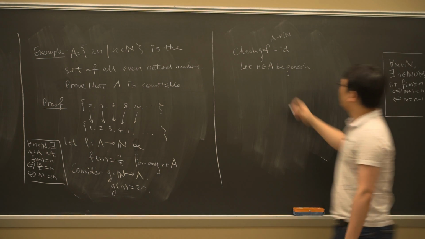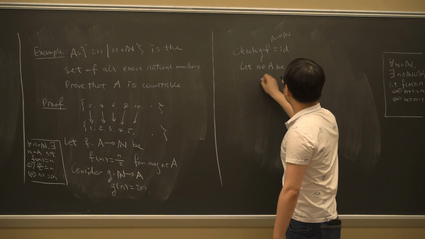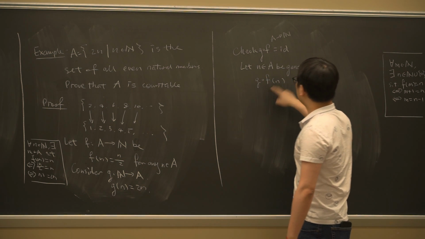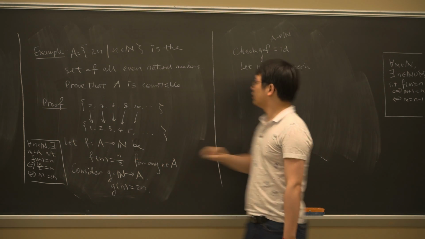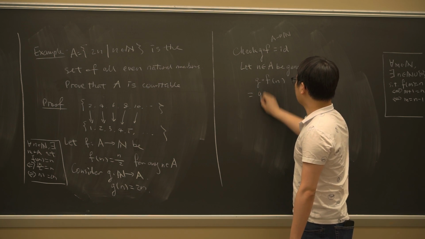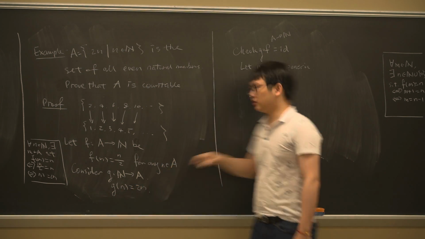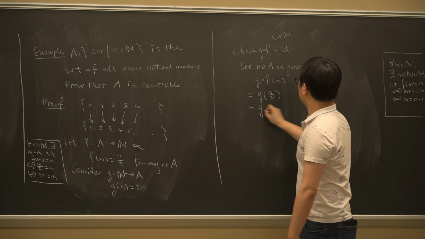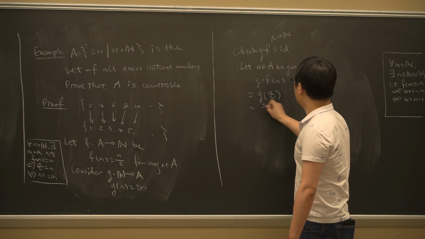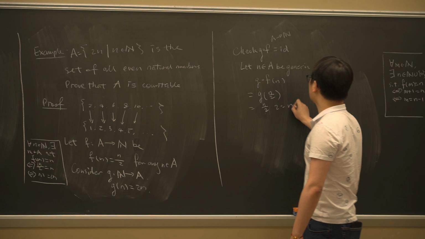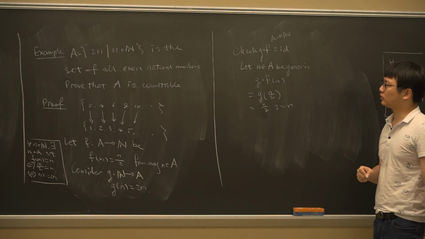Okay, so we check this, f composed with g of this n. Well, g of n is 2n, so it's f of 2n, and then f is divided by 2. Okay, so this is 2n over 2, which is n. Okay, so this is all right.